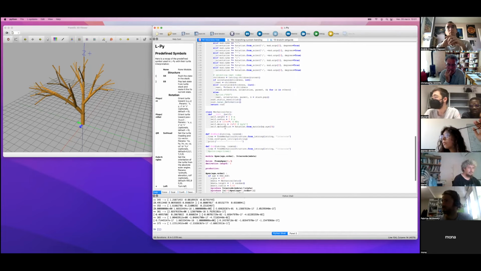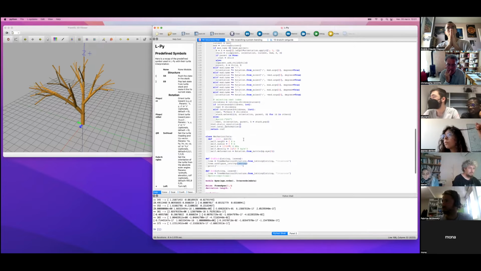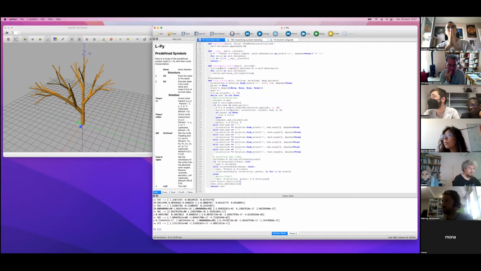And then I modify the S string, meaning I modify the parameters of the internodes by just going through it. So S string self-point index, so it's to select the correct internode. 0 is for M data, mechanical data, and deformation equal the result of the deformation.